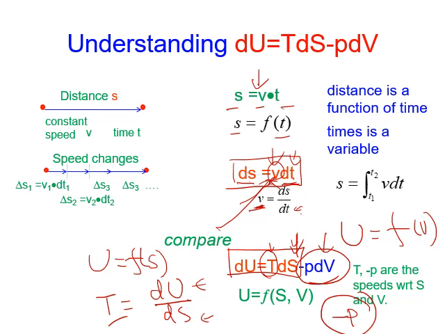The negative pressure tells you how fast internal energy changes with volume, and we can also write a derivative of internal energy with volume. So the internal energy change per unit of volume, that's the negative pressure. Okay, so we'll summarize these equations in the next slide.